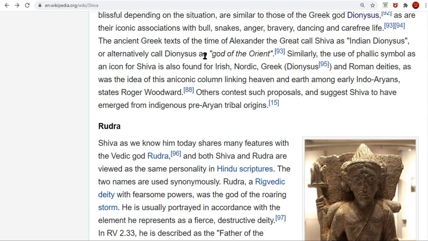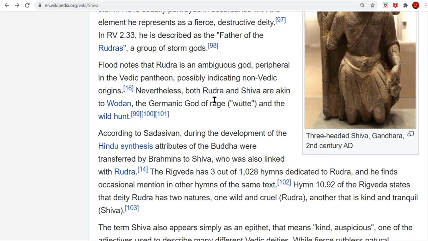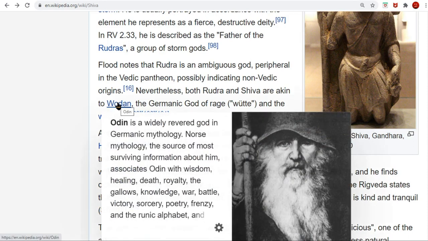The ancient Greek texts of the time of Alexander the Great call Shiva the Indian Dionysius. And that means to pay homage to Zeus. Other writers say that both Rudra and Shiva are akin to Wodan, the one-eyed god.